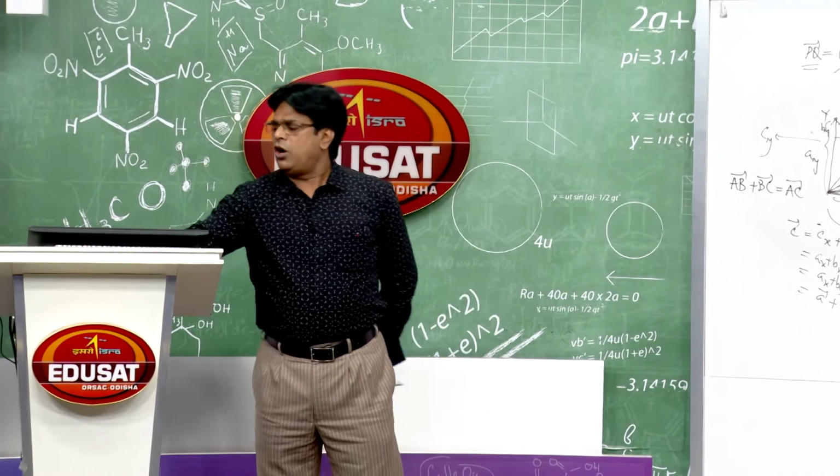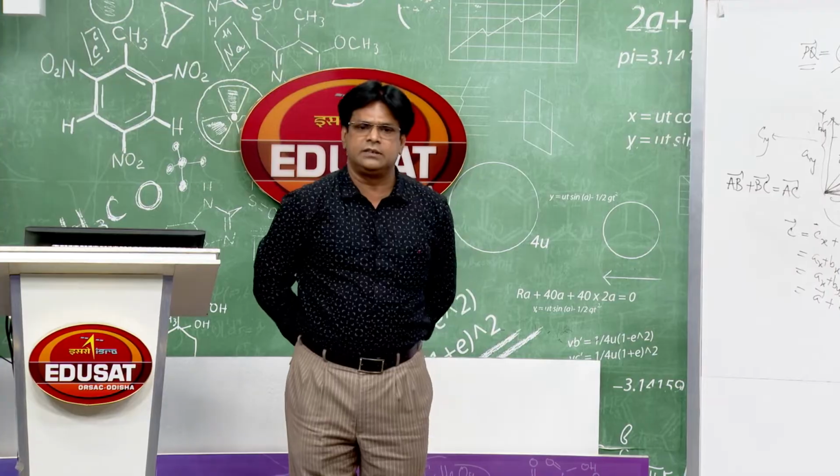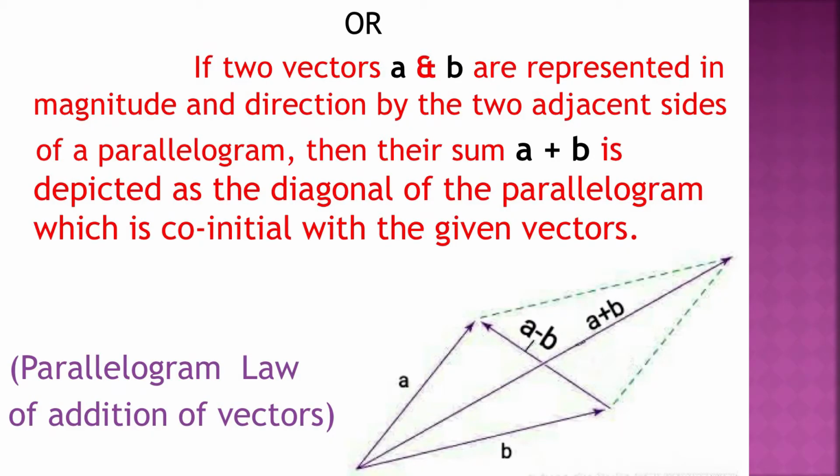Then come to the parallelogram law of addition of vectors, which we have already known. If two vectors A and B are represented in magnitude and direction by the two adjacent sides of a parallelogram, then their sum A plus B is depicted by the diagonal of the parallelogram which is co-initial with the given vectors.